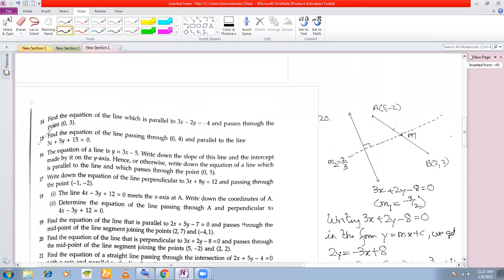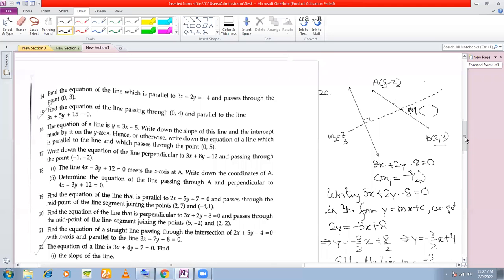So this dotted line has slope 2 by 3, and it passes through the midpoint of these 2 points, (5, -2) and (2, 2). So can you find the coordinates of M, the midpoint? Yes, we can find it by the midpoint formula.